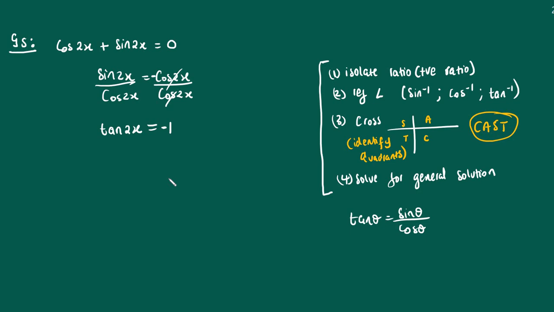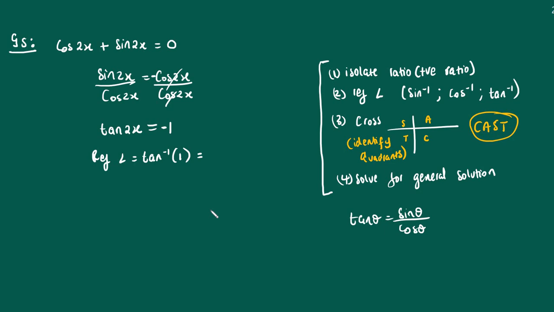right? Then how do we get the general solution? Remember, now that you have isolated the ratio, now you can find the reference angle by saying that the reference angle would be arctan 1. Make sure that you are putting a positive number, right?